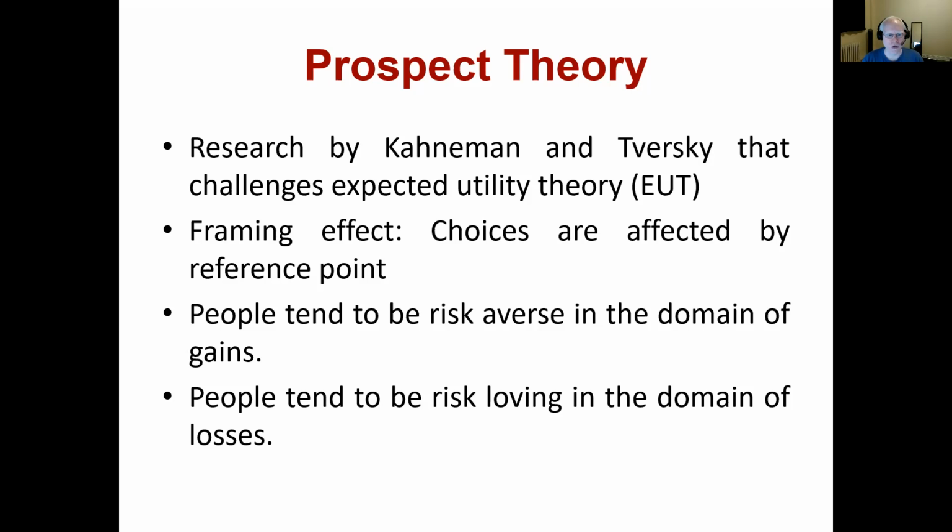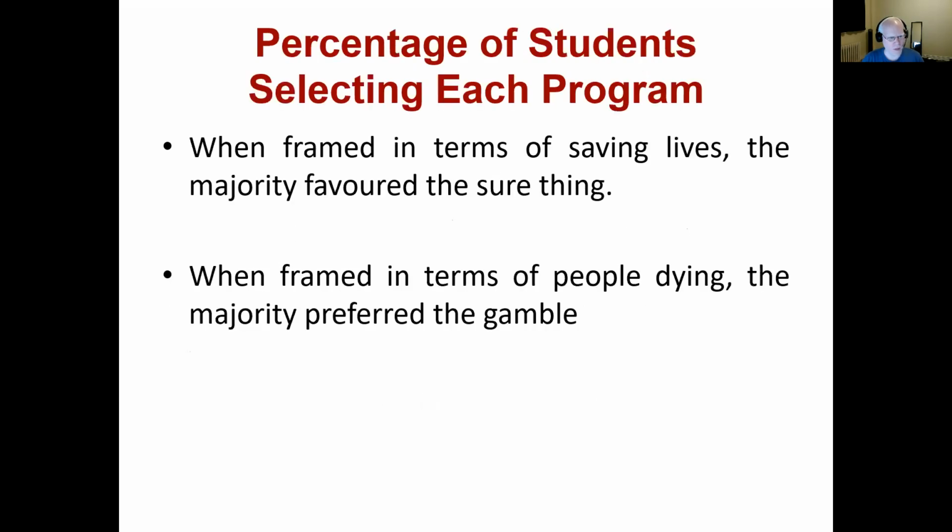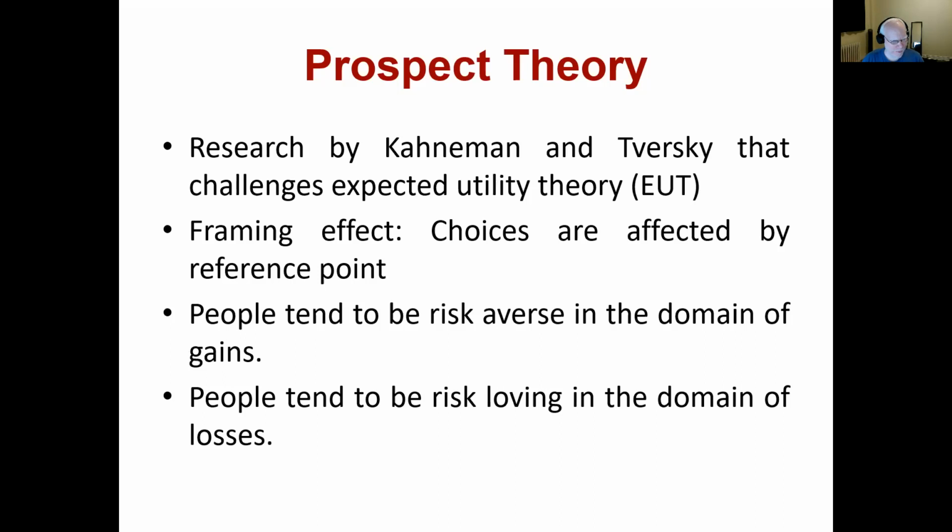So we're in terms of gaining people. So in this case, when framed in terms of saving lives, the majority favored the sure thing, because you're in the domain of gain. So, affected by the reference point.